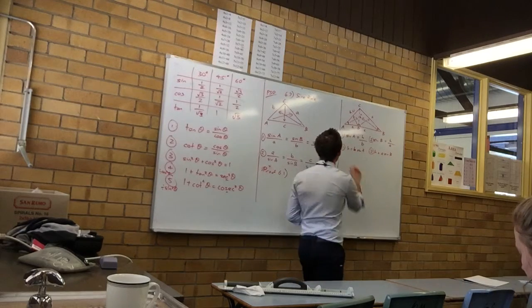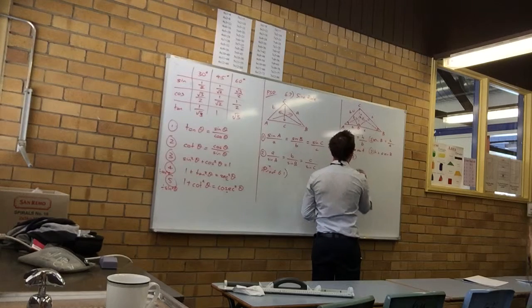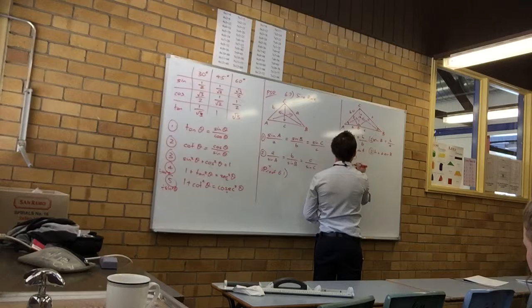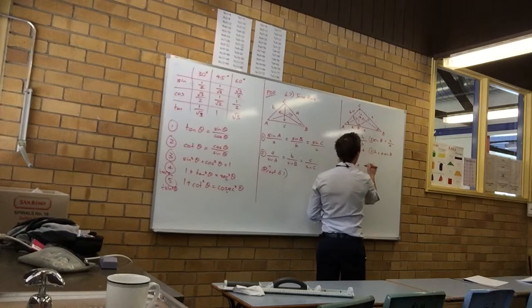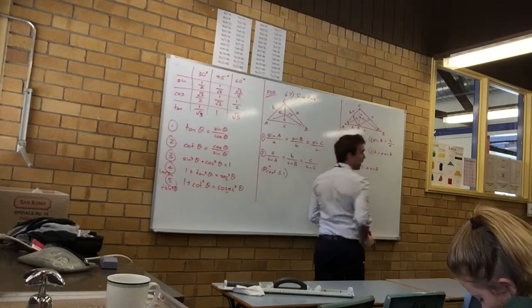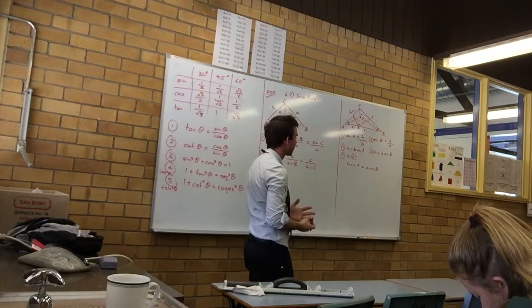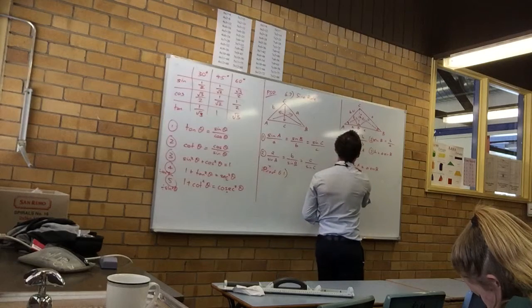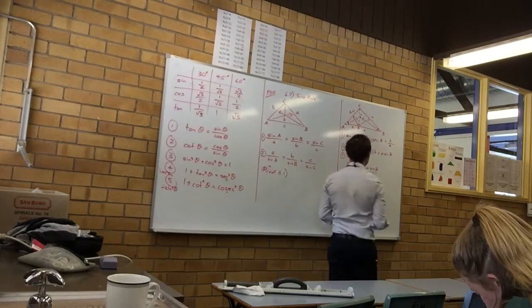Right, so let's substitute equation 1 into equation 2. So we have B sine of A, so I'm replacing H with what H equals on my other equation, which equals A sine of capital B. Divide both sides by AB.